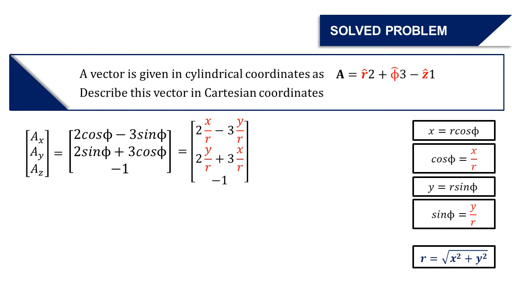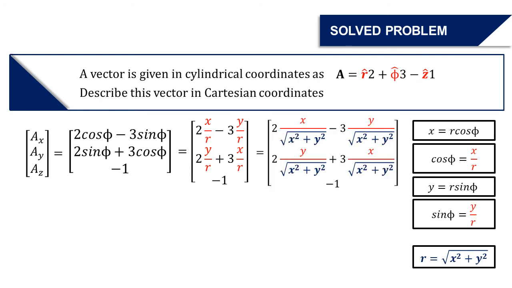That is, r is equal to the square root of x squared plus y squared. So, yun ang ipapalit natin dito sa r na to. Medyo naging mas masalimuot ng konti yung ating equation kasi pinalit natin yung square root of x squared plus y squared sa kanilang mga variable.